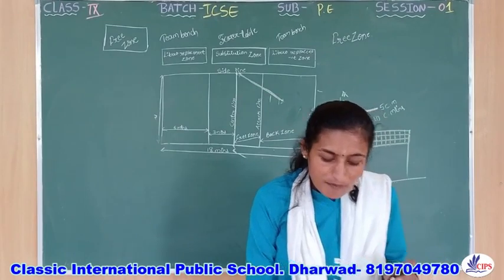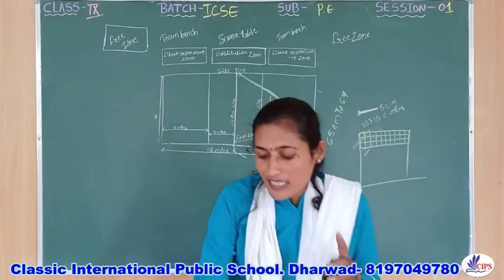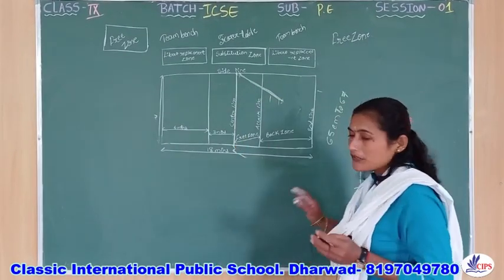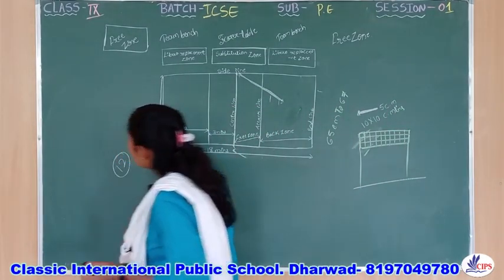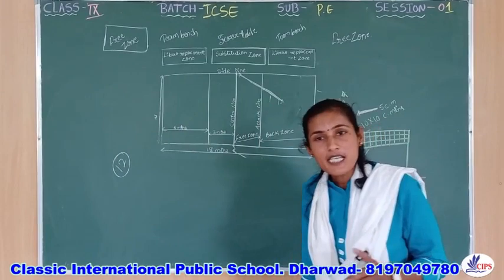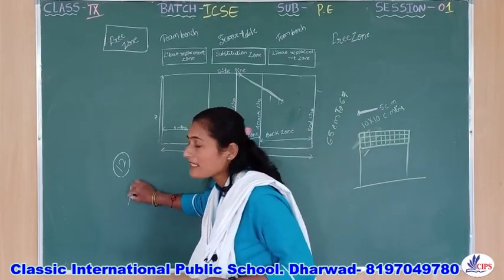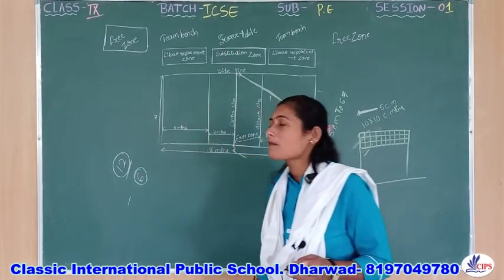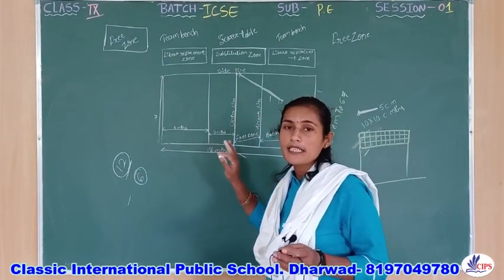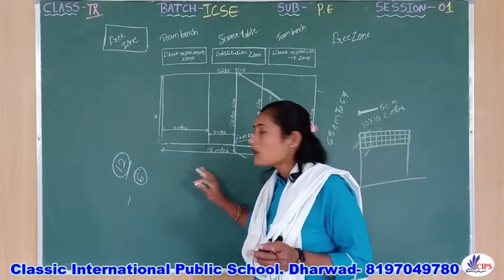Next, number of players in each team. Listen to me carefully. Total number of players in each team is 12, but the playing players are 6. Only 6 players will be on the court during the match. Is it clear?